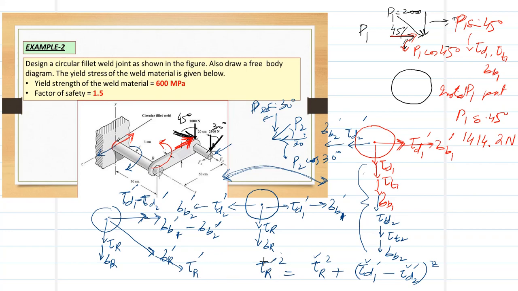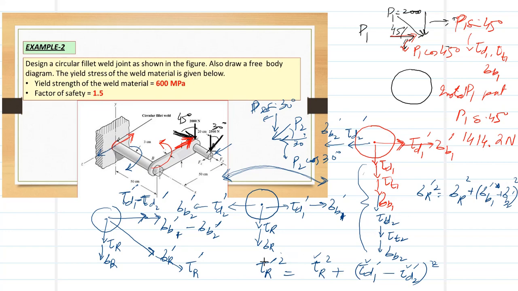Similarly for the bending stress, the same is the case. Sigma r prime square is equal to sigma r square plus, now you also have to add the difference, which is sigma b1 prime plus sigma b2 prime, whole square.